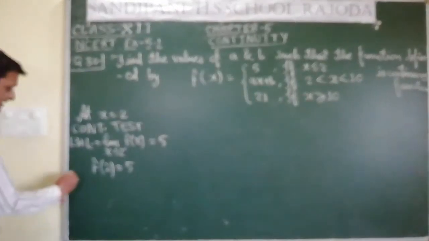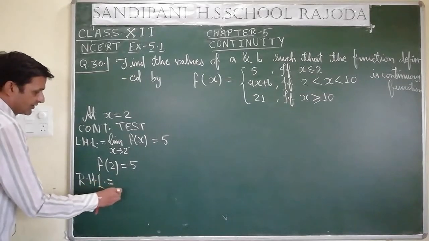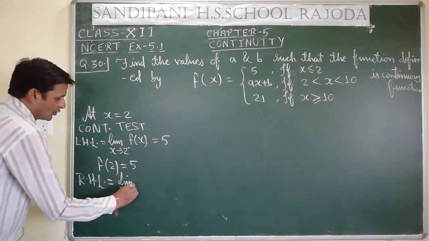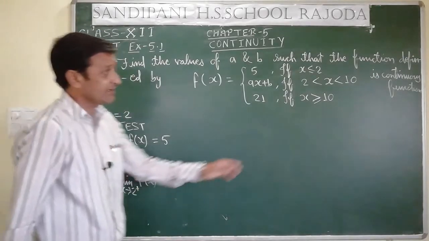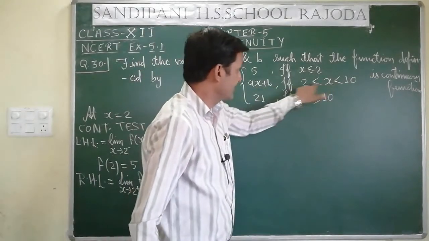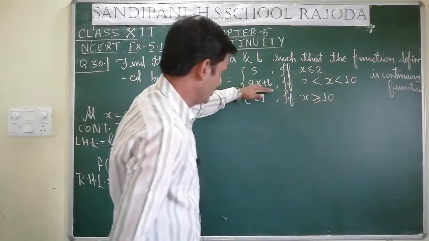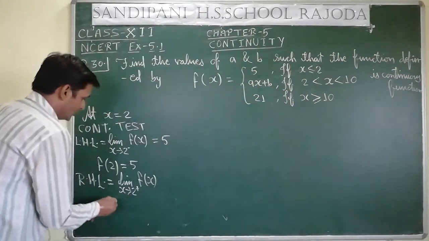Now, let us discuss RHL of this question. RHL is equal to limit x tends to 2 plus f of x. Here we have to discuss because x is there. For x greater than 2, it is less than 10 but greater than 2. So, in this part of the function we have to put the value.